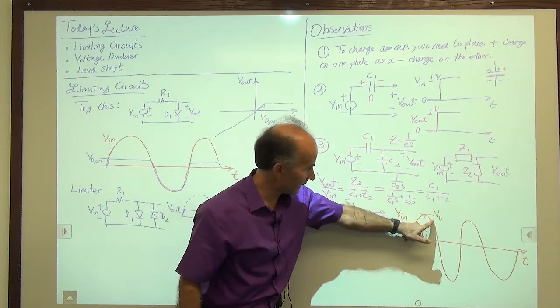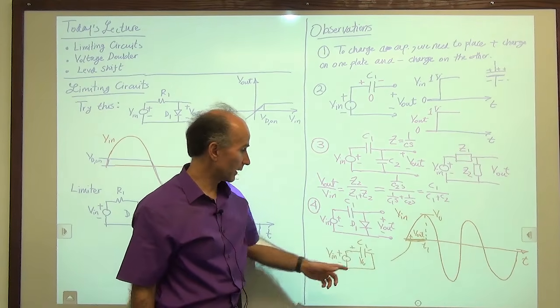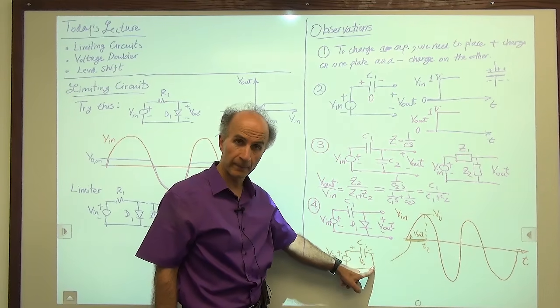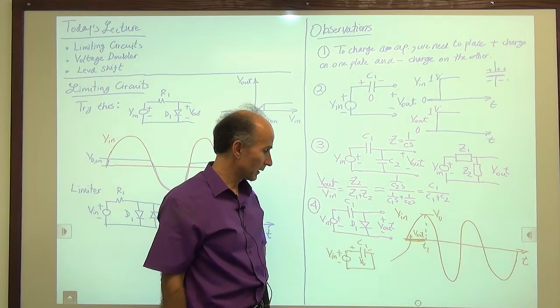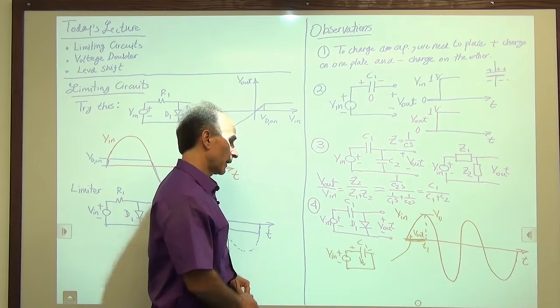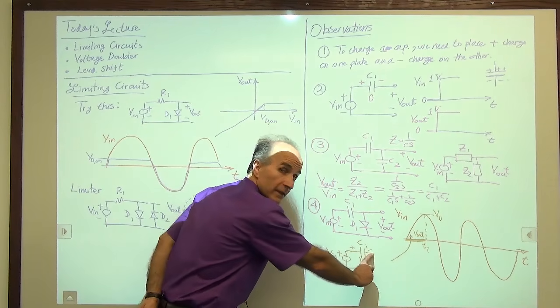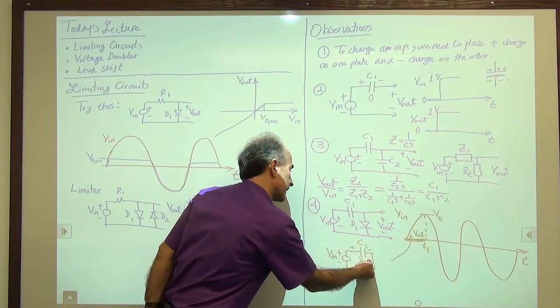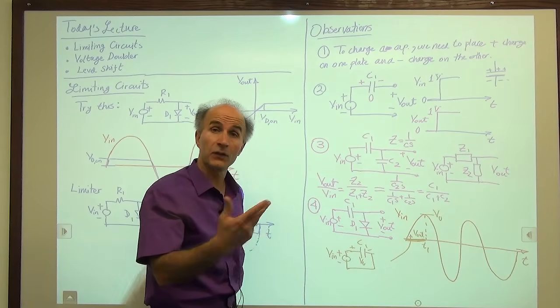So here, the input is going down, and we are wondering if this voltage stays constant and stays at 0. Well, if this voltage wants to stay constant at 0, and this side is going down, it means that charge is coming out of the capacitor. You are discharging the capacitor.